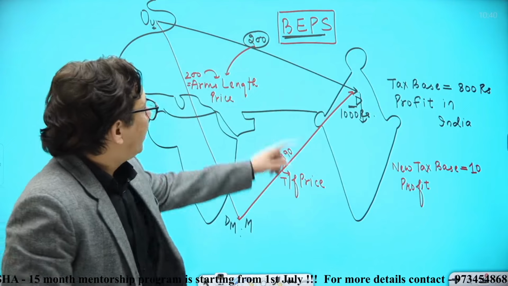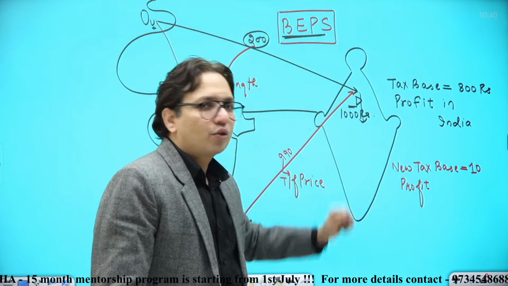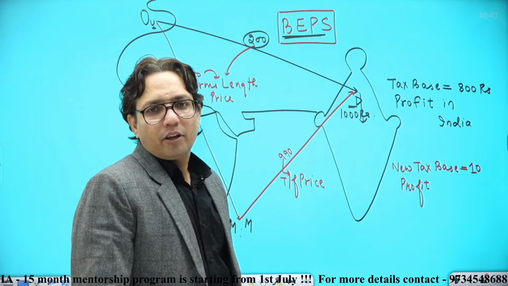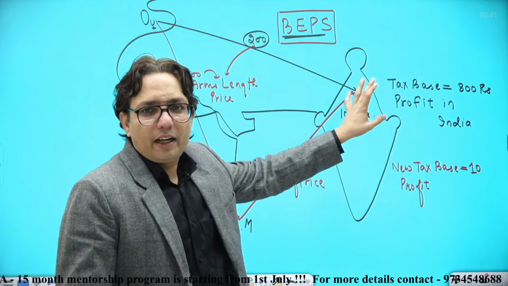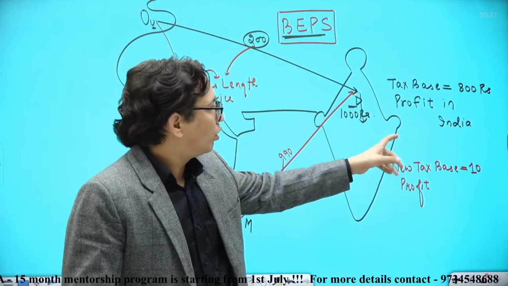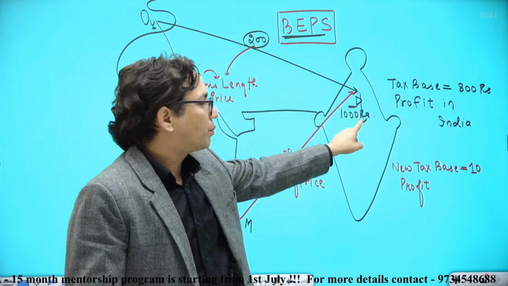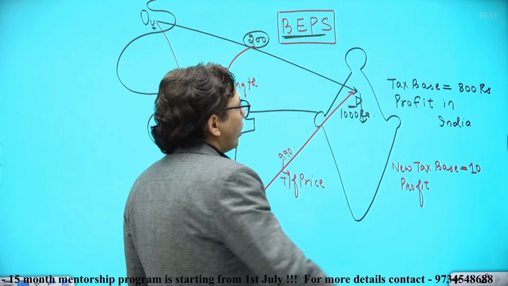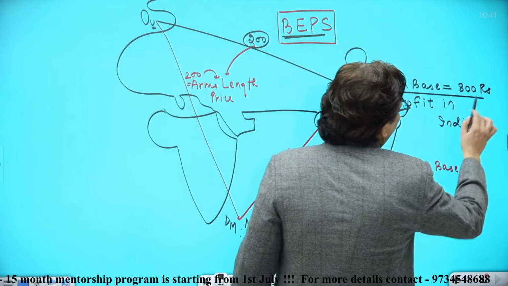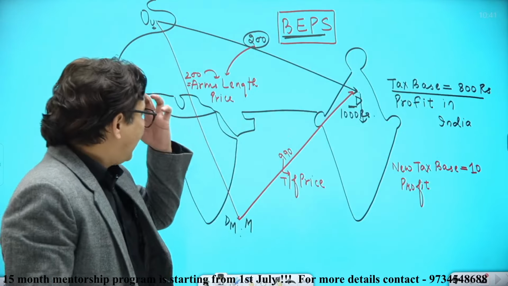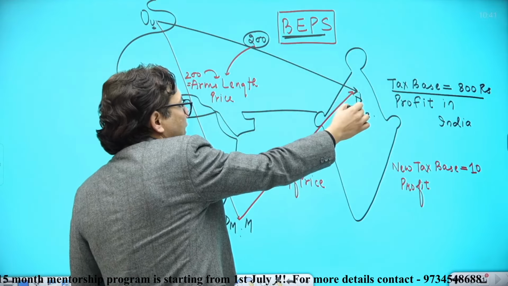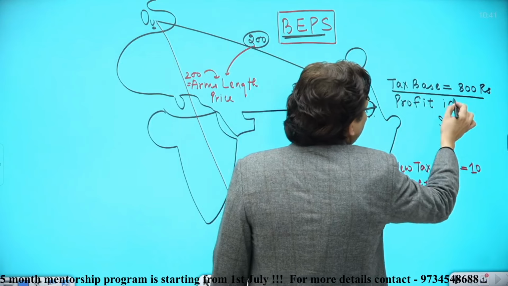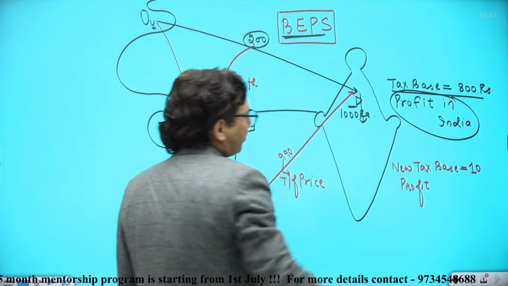Then this company sells this pen in India for 1000 rupees. Importing at 200, selling at 1000 rupees. So Indian authorities are going to impose a tax on 800 rupees because its profit would be 800 rupees. So for India, the tax base would be 800, buying at 200, selling at 1000. Profit is happening in India.